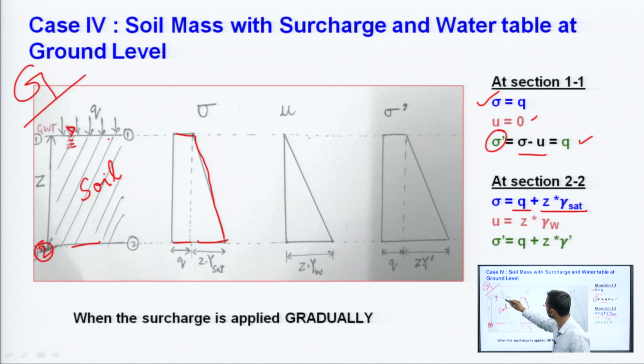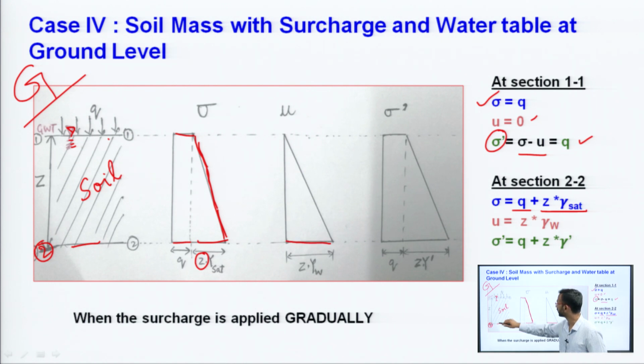So from section 1-1 to section 2-2, as the depth goes on increasing, the value will be constantly increasing here. But when we talk about the pore water pressure, what will be the pore water pressure at this section?